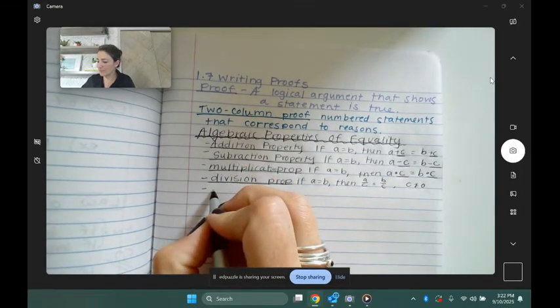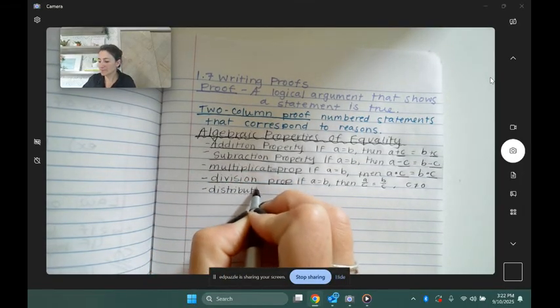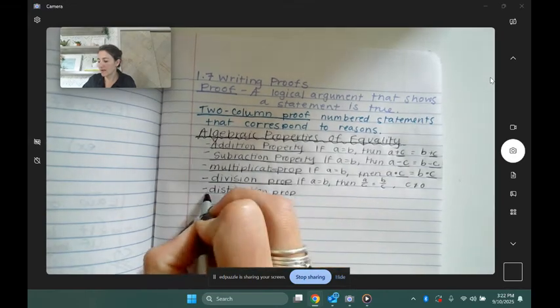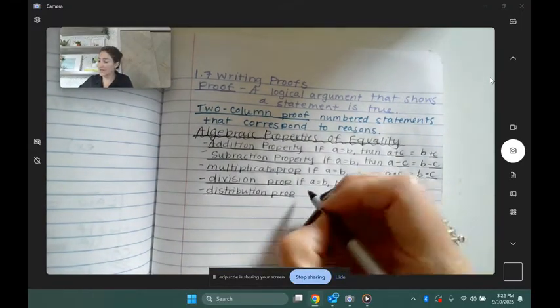The distribution property of equality. This one will look familiar to you.